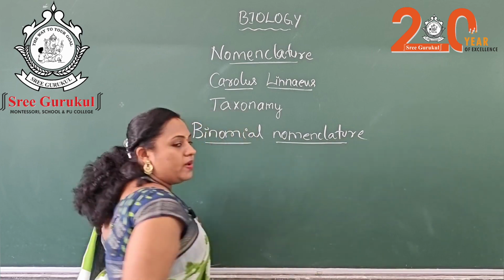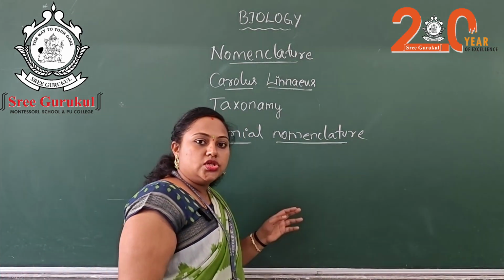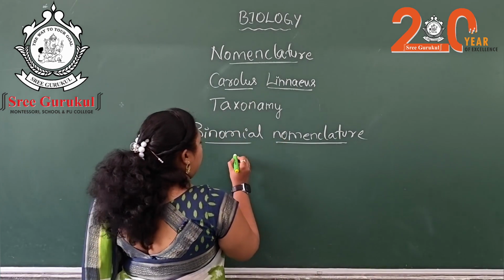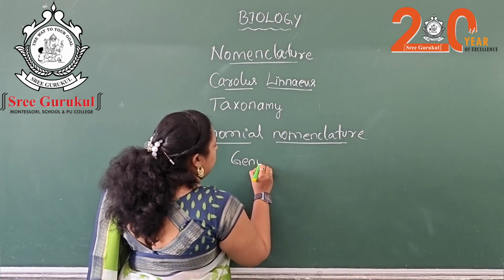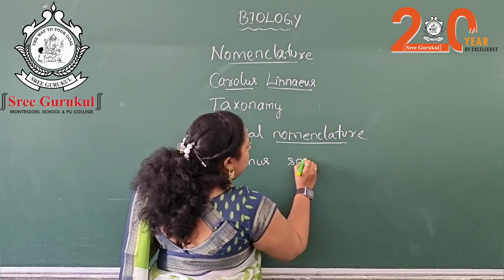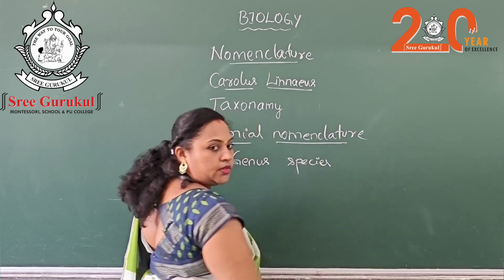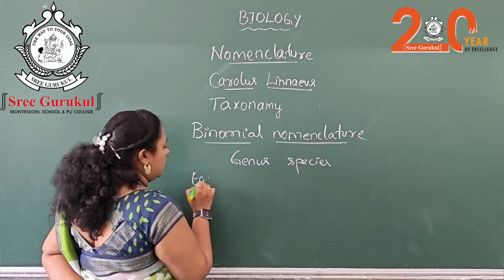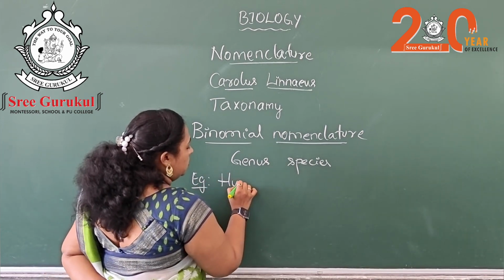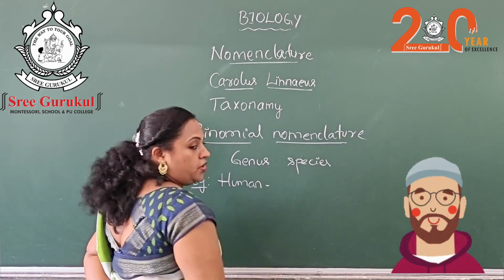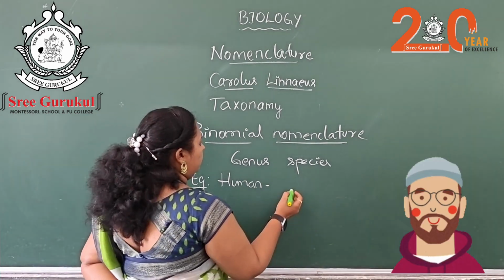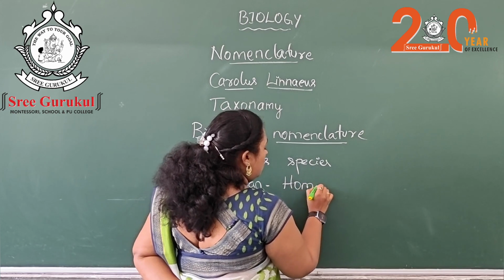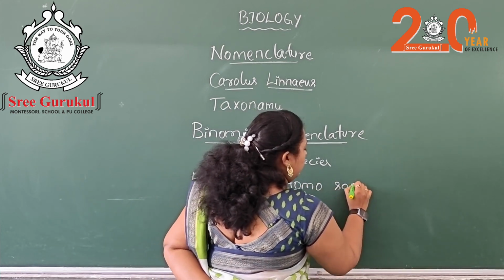This binomial nomenclature consists of two components: one is the genus name and the other is the species name. Some examples for this binomial nomenclature: for humans, the scientific name of human is Homo sapiens.